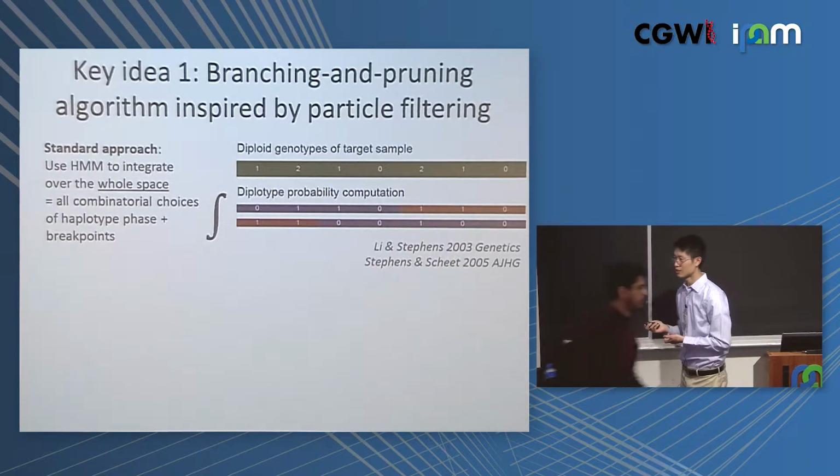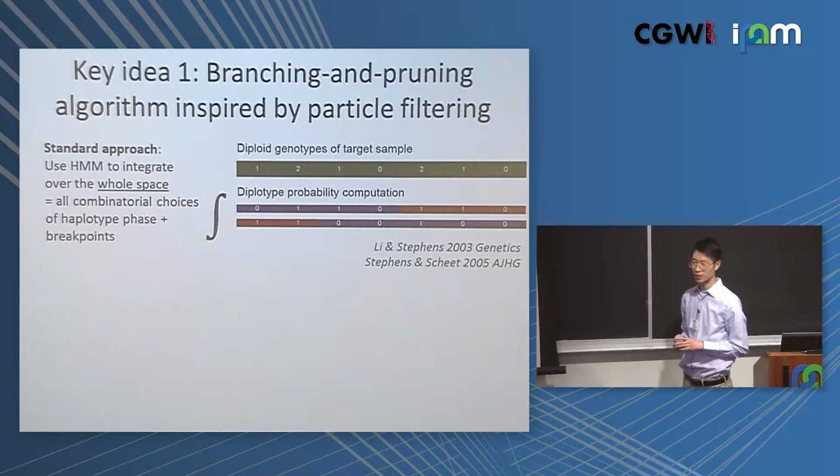The first idea is a departure from the way in which we usually think about hidden Markov models. We usually think of hidden Markov models as a way in which you can model a generative process and perform some posterior inference by integrating over the whole space of combinatorial paths through your generative model.